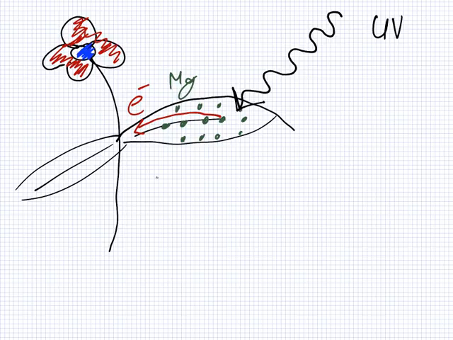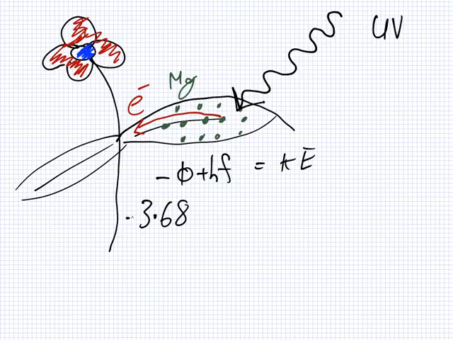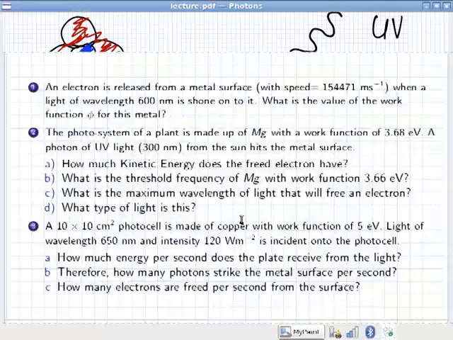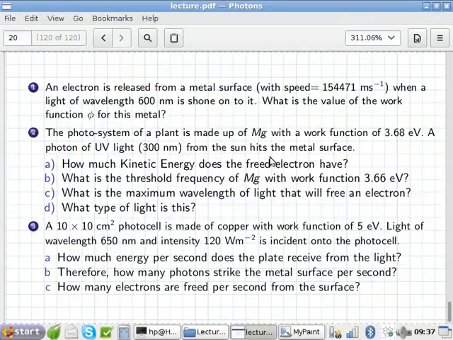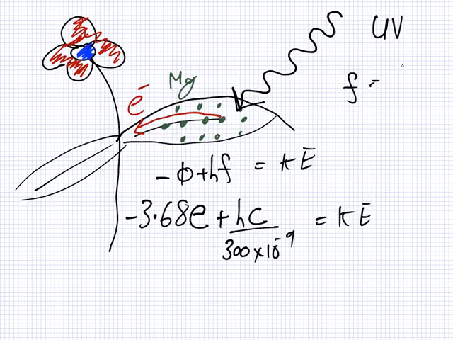So again, we have our formula, minus work function plus hf equals KE. The work function is 3.68, but we have to multiply it by e to make it joules. The frequency we don't know, but we know the wavelength is 300, so this would be hc over lambda. f equals c over lambda, because c equals f lambda is a formula.